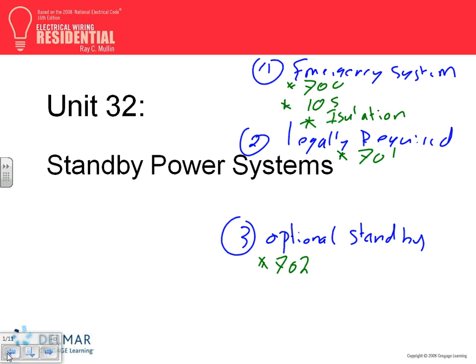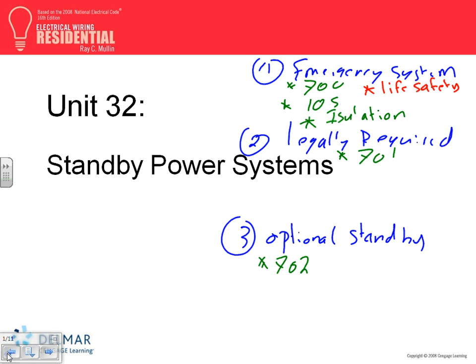Let's go to the legally required system now. It's required mostly for life safety, for anything that depends on life safety. For example, emergency lights. If you have an area, you have to have emergency lights in case of loss of power. You need people to exit the building safely.